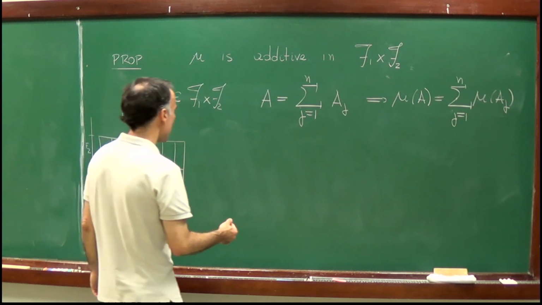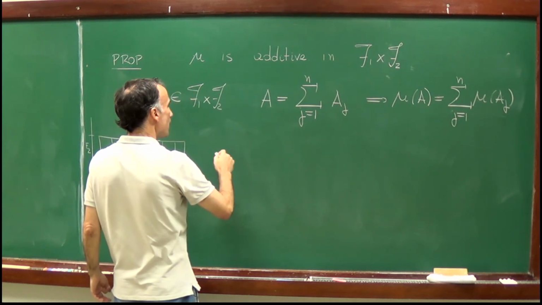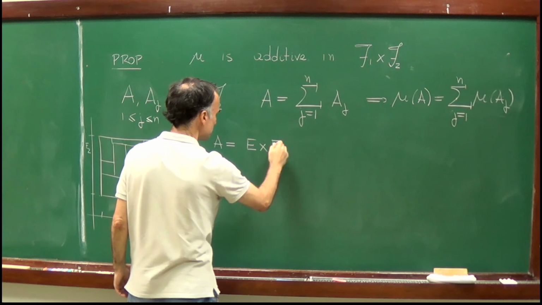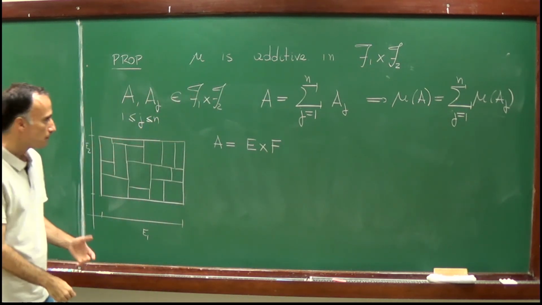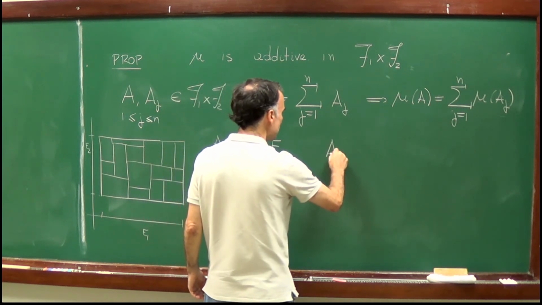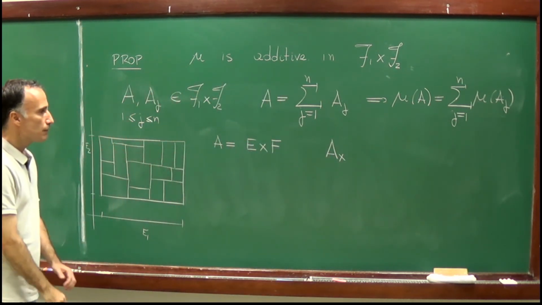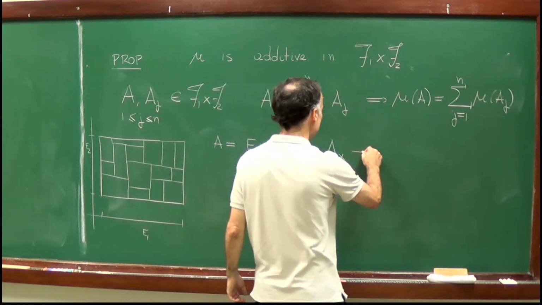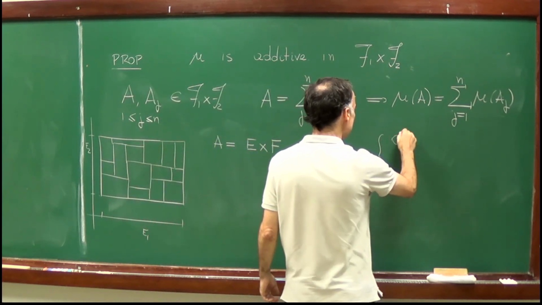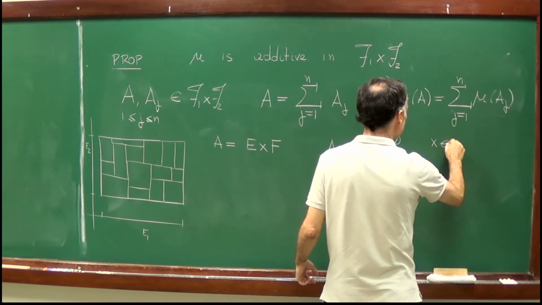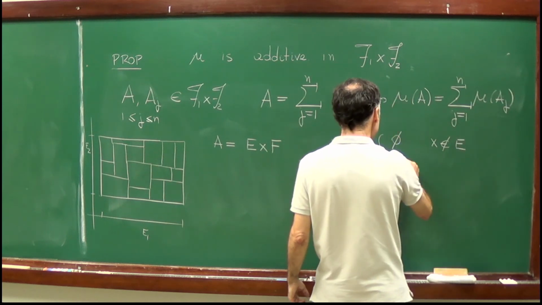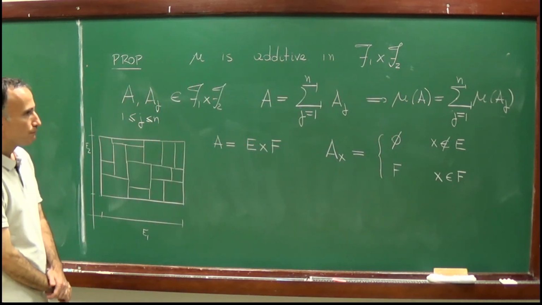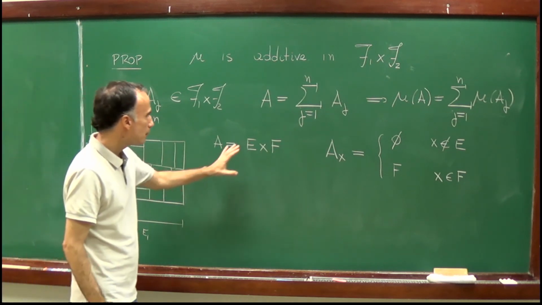Well, what are we going to use? A is a rectangle, so A can be written as E times F. And we have seen that if I take the section at x of A, what I get is that this section is either the empty set if x does not belong to E, or it's F if x belongs to E. So this holds for any rectangle, right?